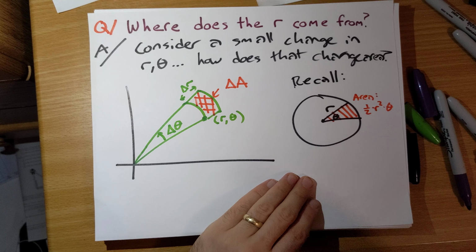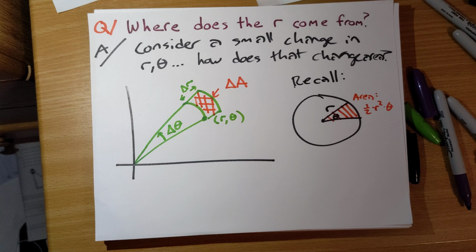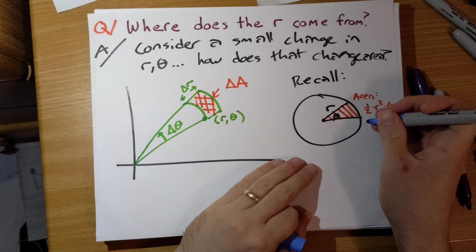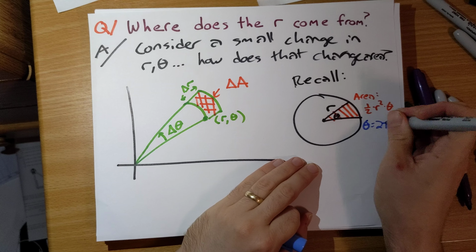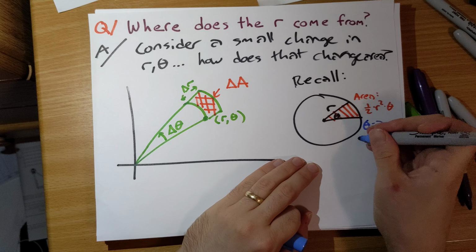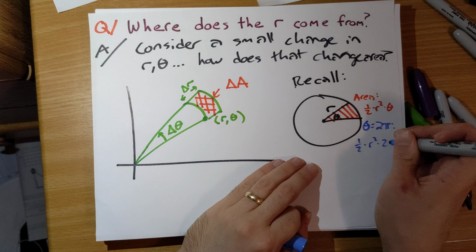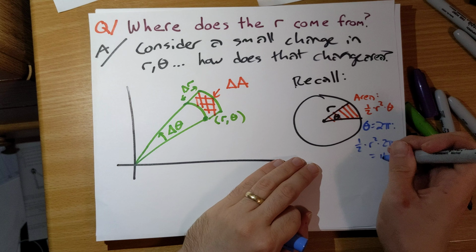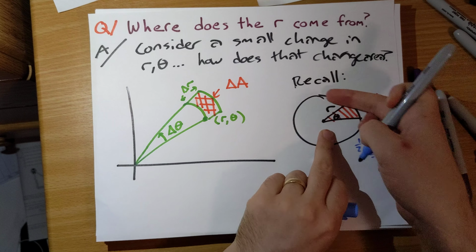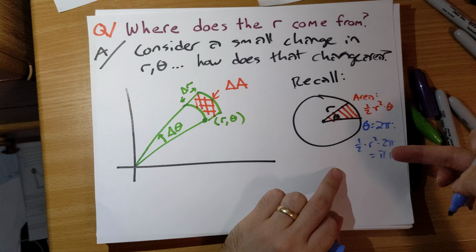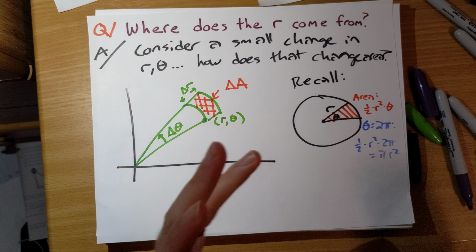A quick justification: if you take theta equal to 2 pi in this formula, you get 1/2 times r squared times 2 pi, which is pi r squared. Theta equal to 2 pi is the entire circle, and the area of the entire circle is pi r squared. So this checks out.